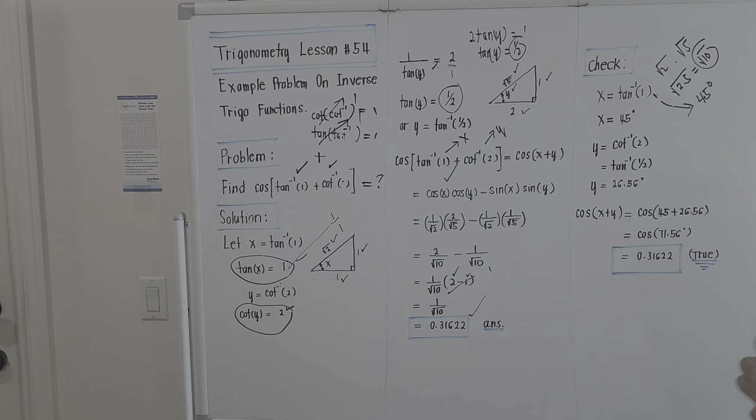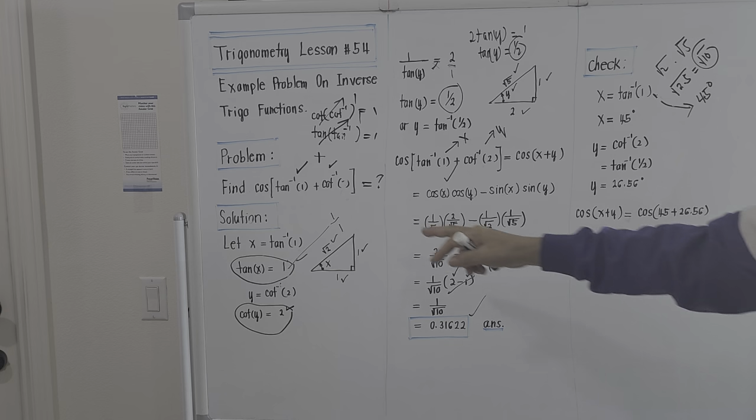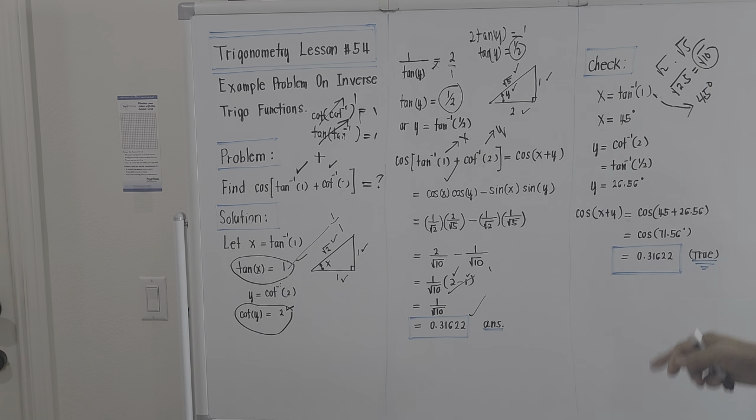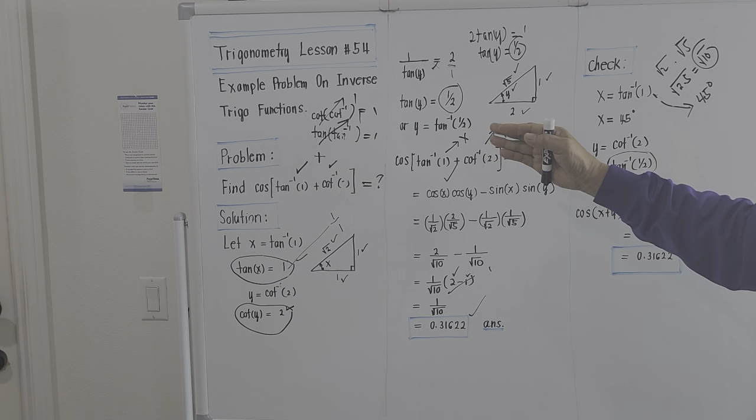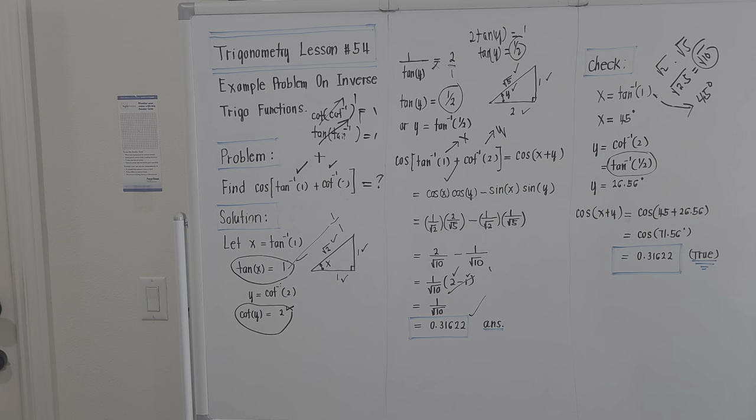How about the second one? The second one, the arcotangent of 2. Y is actually arcotangent of 2. But this is the same as the arctangent of 1/2. Where does this one emanate? It emanates from the fact that cotangent and tangent are reciprocals. So the arcotangent of 2 is equivalent to the arctangent of 1/2.